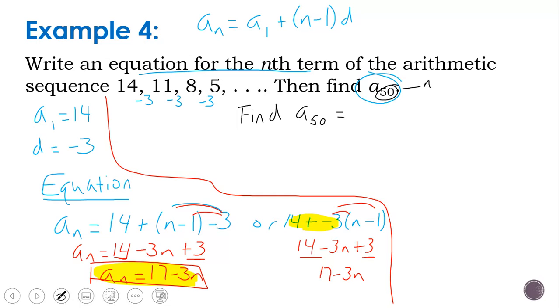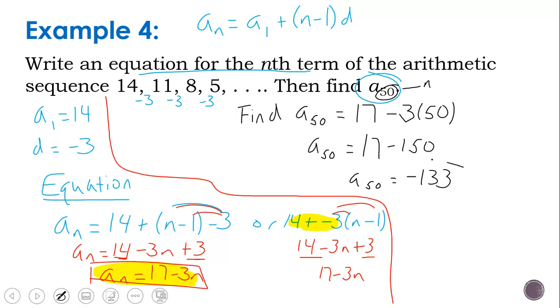So a sub 50 is going to be equal to 17 minus 3 times 50. So what is a sub 50? AKA, what is our 50th term? 17 minus 150. A sub 50 is equal to negative 133.